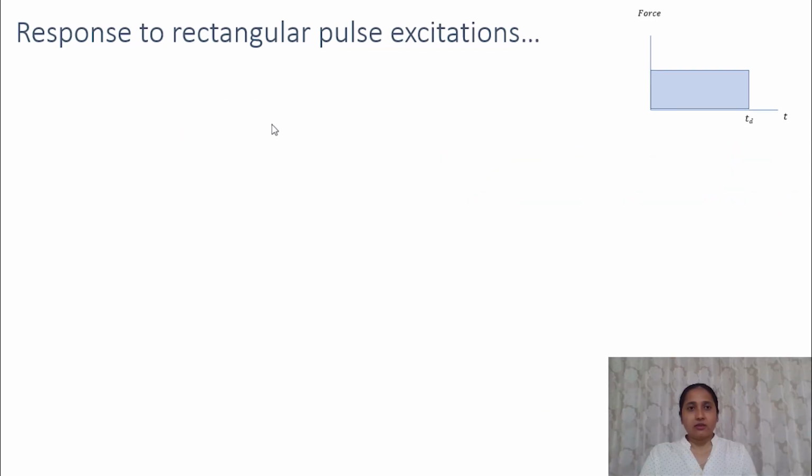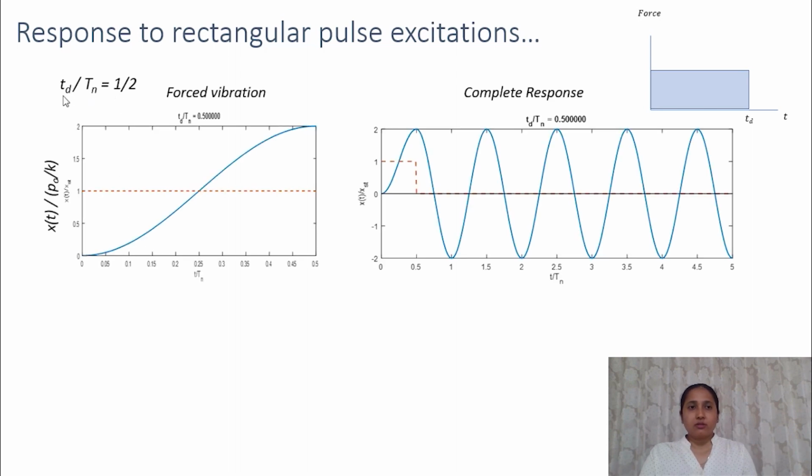Now let's see it for another value of td by tn. So td by tn is half. Now the duration of this pulse has increased. Earlier the td by tn was 1 by 4, and now it is double of that. As the duration is increasing, the response is also increasing.